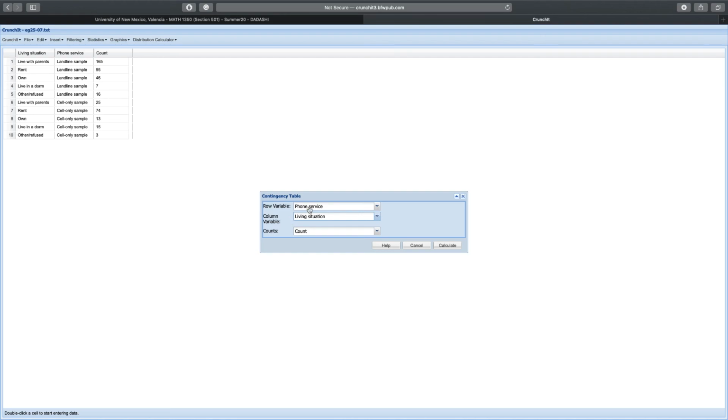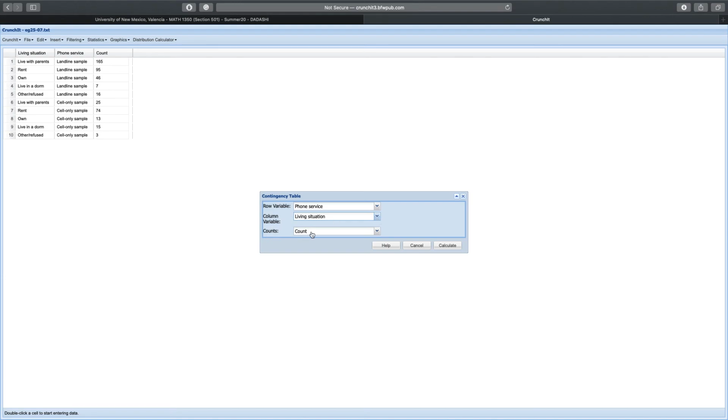So it doesn't matter which one goes in the row and which one goes in the column, but I'm going to choose living situation as the column variable. Why? Because it has more categories, and if I calculate this, you will see it gives a really beautiful and clearer table.